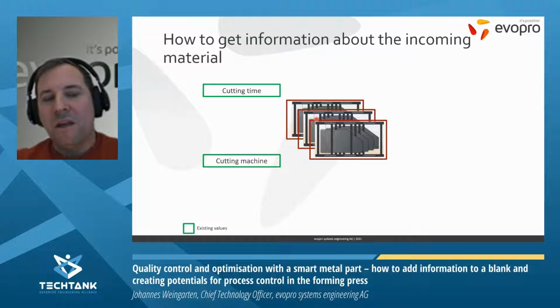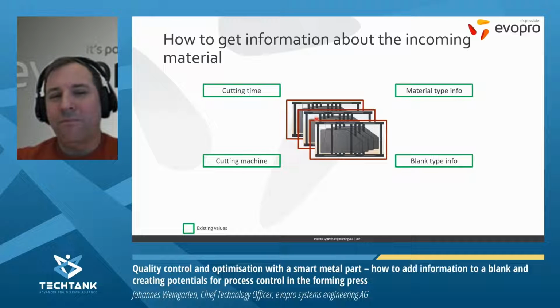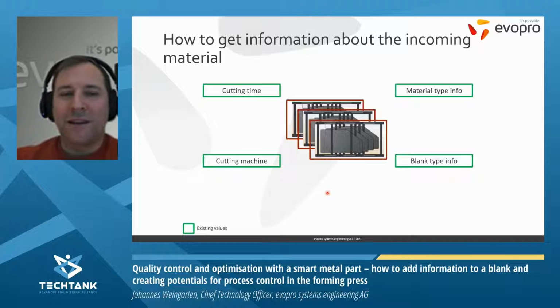There might be the cutting time, the cutting machine, the material type info, and some blank type info. But that's mostly all of the information that we have within one stack. There might be 500 blanks on each stack, but that's all of the information. So there's no position-related information.